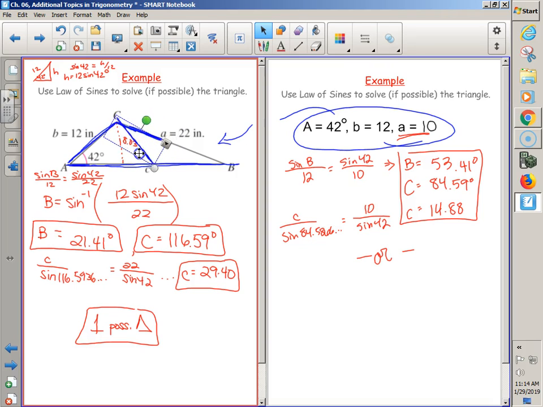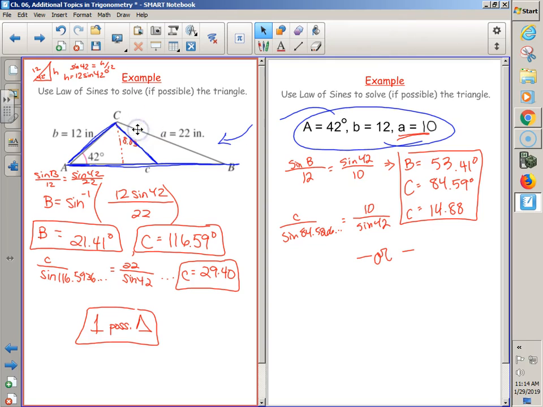Can he hit? Yes or no? Yeah. Where? Right here. Does that make sense with my 84-ish 0.59? Does that look almost like a right angle? Yeah, super close to it, right?